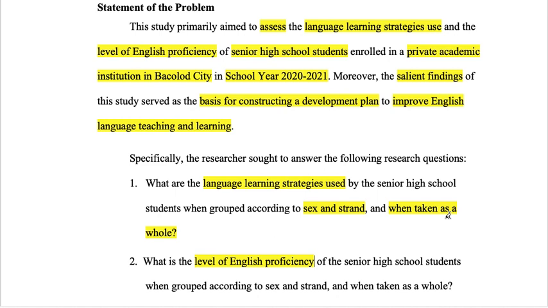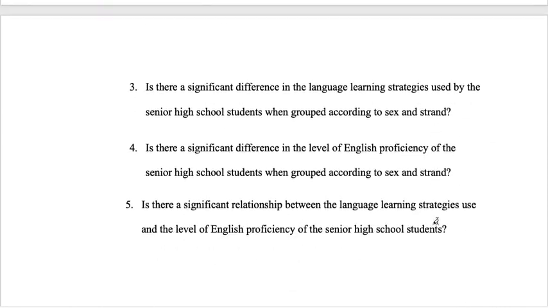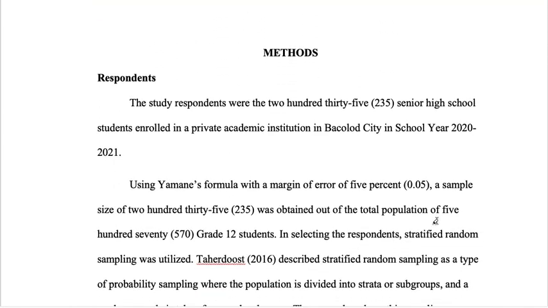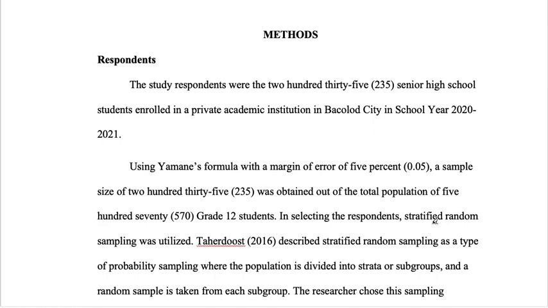All right, so now that you have background knowledge on what the study is all about, basing on the statement of the problem, we will move further now to the methodology section, specifically how the researcher wrote the respondent section. Okay, so let us proceed with the methods, featuring the respondent section of the methodology.